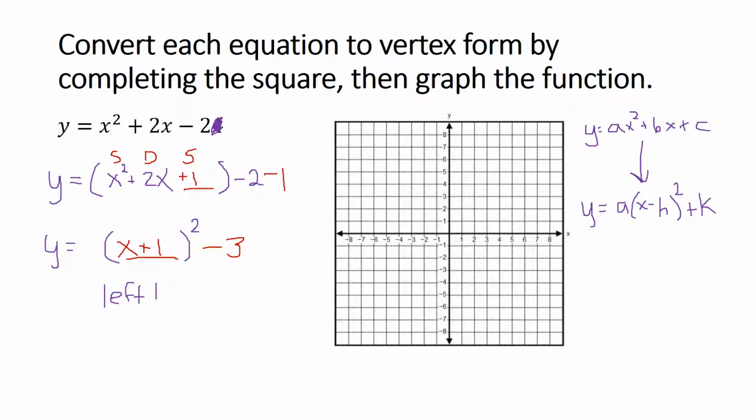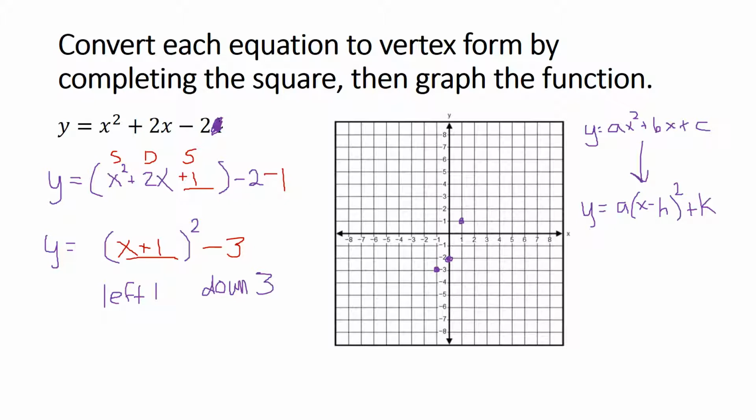Now, this equation, I know how to graph. X plus 1, I know goes to the left 1. And the minus 3 shifts our graph down 3. So when I graph this, I would go to the left 1 and down 3. And then remember the pattern for a quadratic function. From the vertex, you go over 1, up 1.